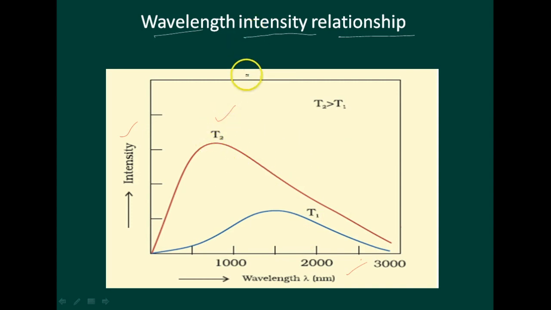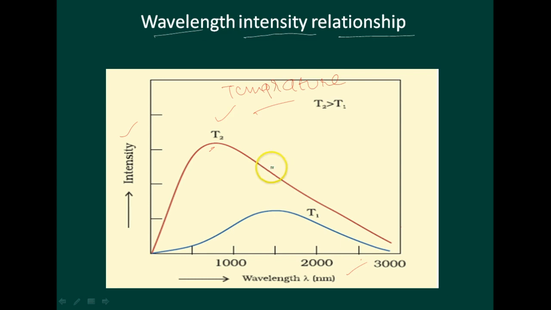At a given temperature, the intensity of radiation emitted increases with increasing wavelength. As the wavelength increases, the intensity of the radiation emission also increases and reaches its maximum value at a given wavelength, and then it starts decreasing.